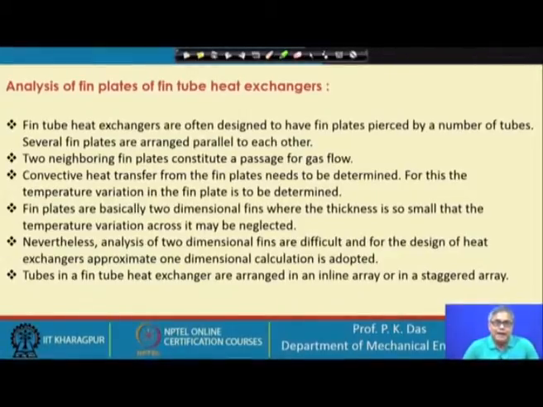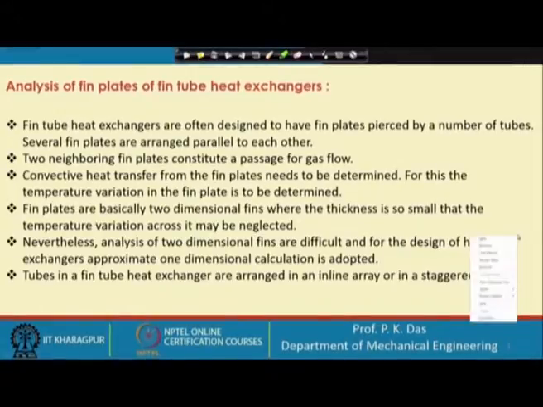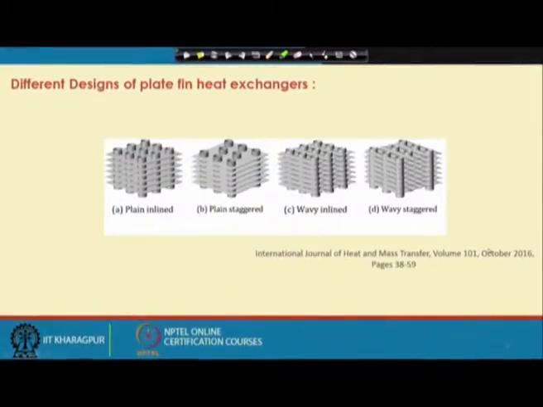Here I have noted the very important points. Fin tube heat exchangers are often designed to have fin plates pierced by a number of tubes. Several fin plates are arranged parallel to each other. So, this is what we will be able to see. Here you see the plates are arranged parallel to each other.